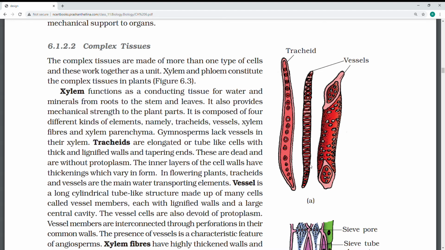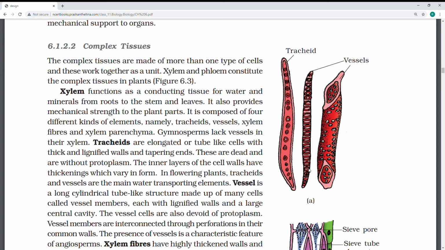Phloem goes in both directions, from root to plant tip, and whatever food materials are made in the leaves will come down. So phloem is bidirectional.